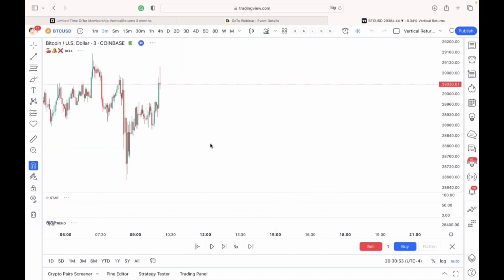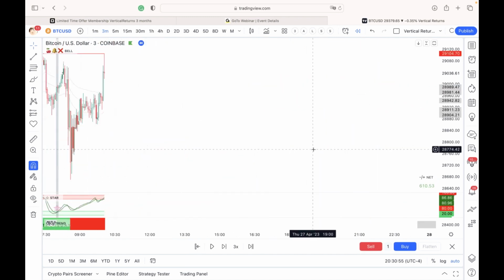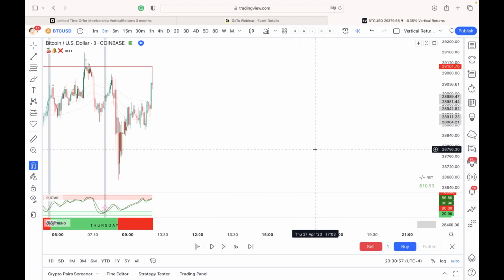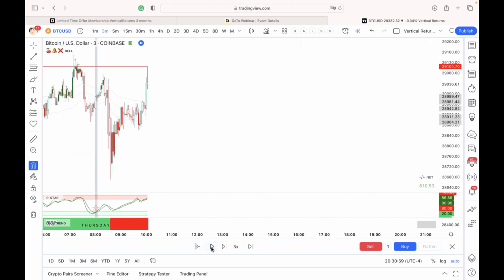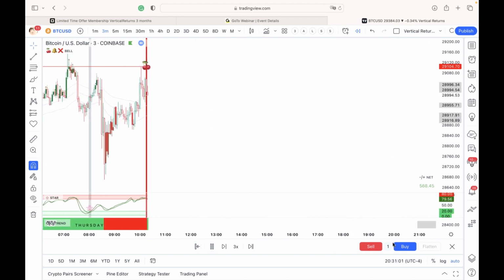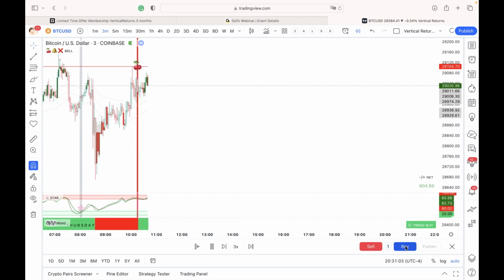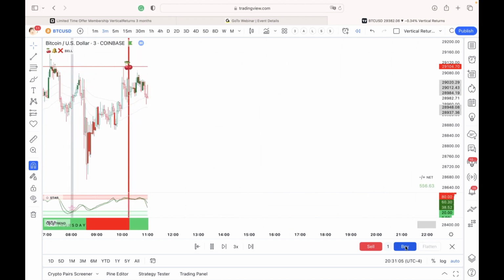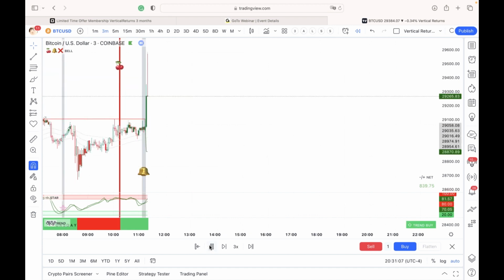So if you set up that bar replay, you can go slow at 1x, or fast at 3x.